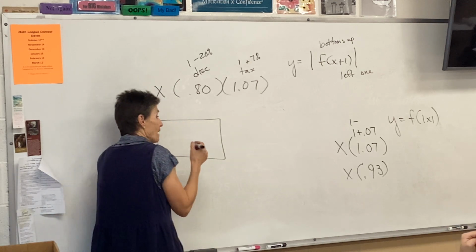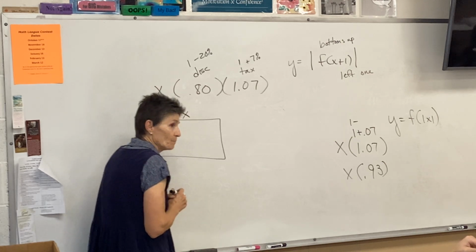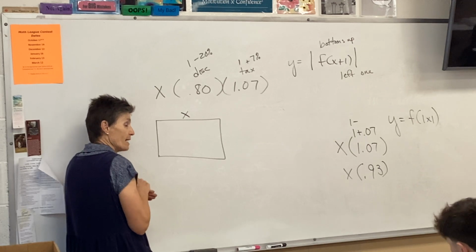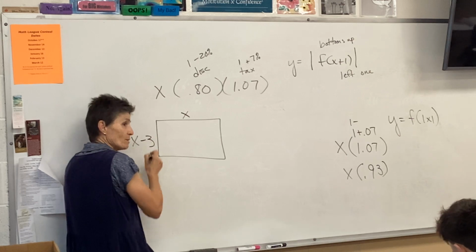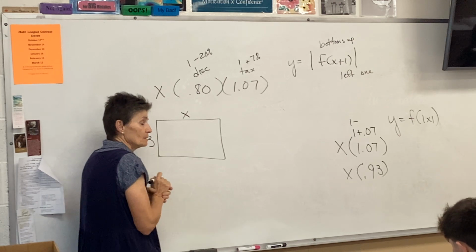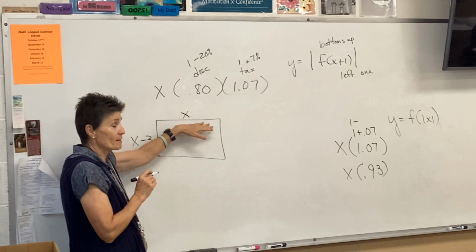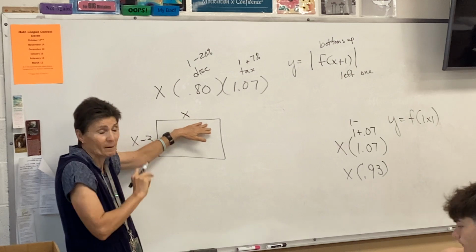I'm thinking about, I have to write an equation from this. So what if I called my length X? What would my width be if it's 3 less than the length? X minus 3. That's what it said. Wouldn't this be X minus 3? So the width, or excuse me, the length I just said is X. Something has to be X. It doesn't matter. I'm picking X for my length.